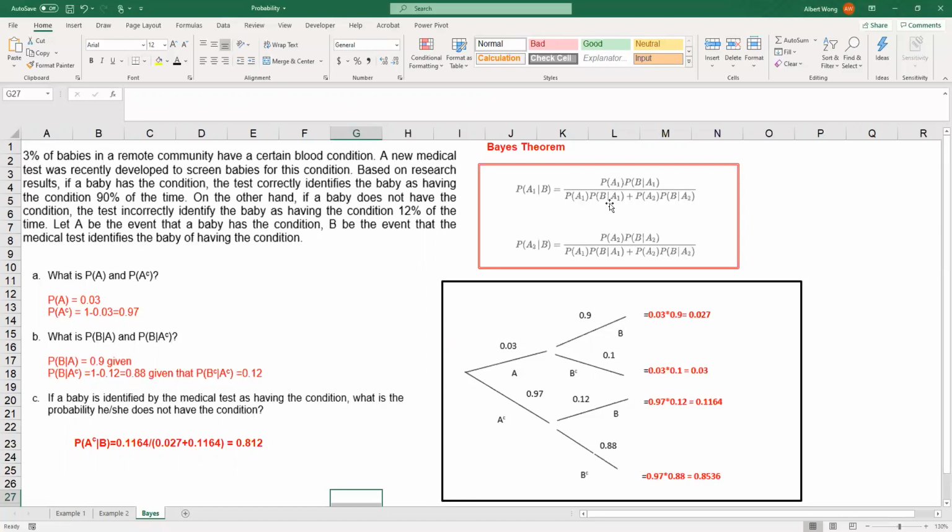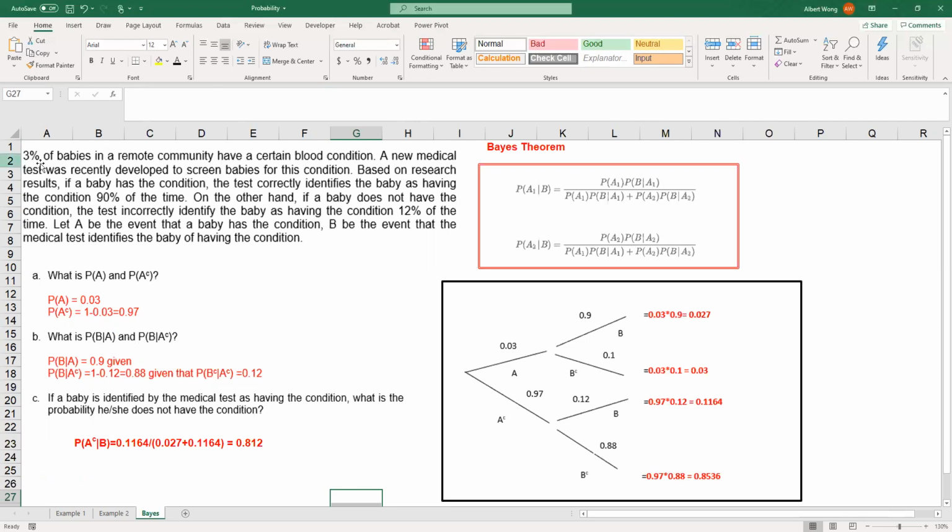In order for us to apply the Bayes theorem, we need to calculate all these probabilities, and we need to be able to identify them properly. So an alternative in doing the Bayes theorem is to draw a probability tree, and based on the probability tree, we can calculate the probability quite easily. To do that, we're going to use an example.